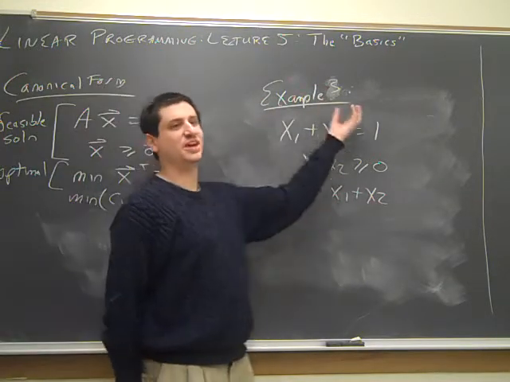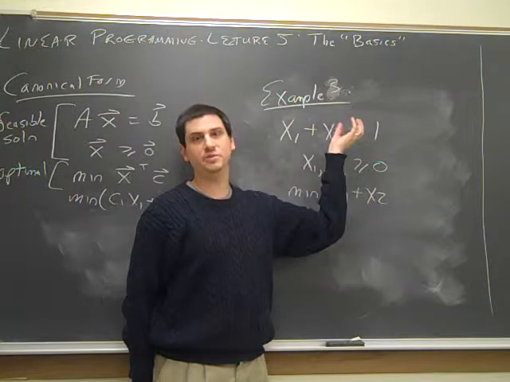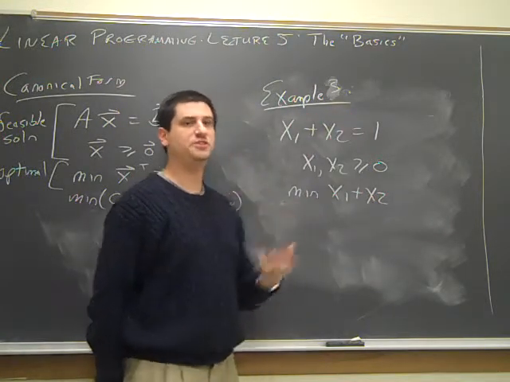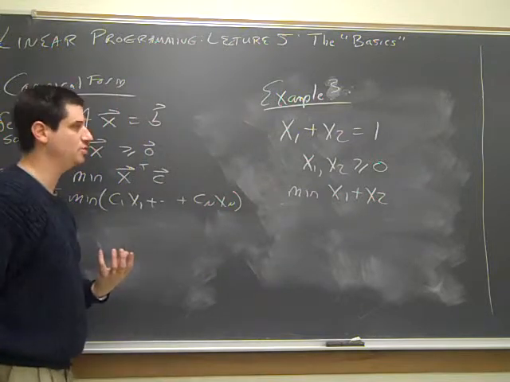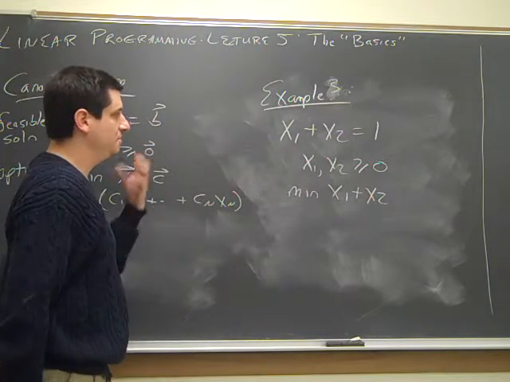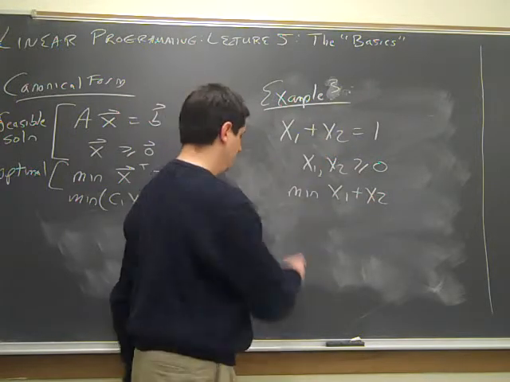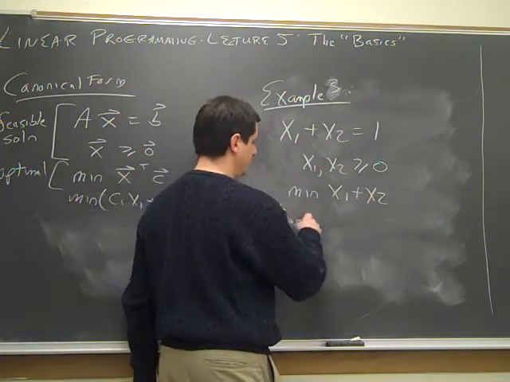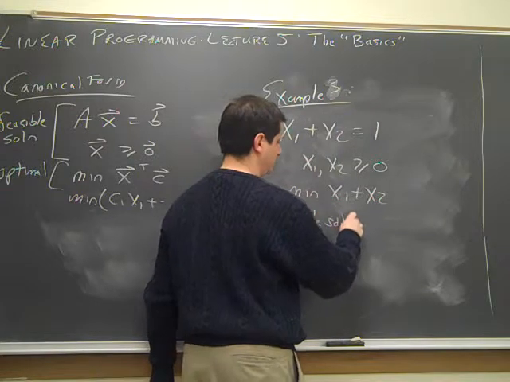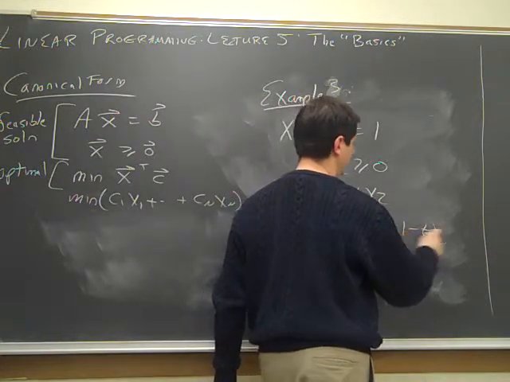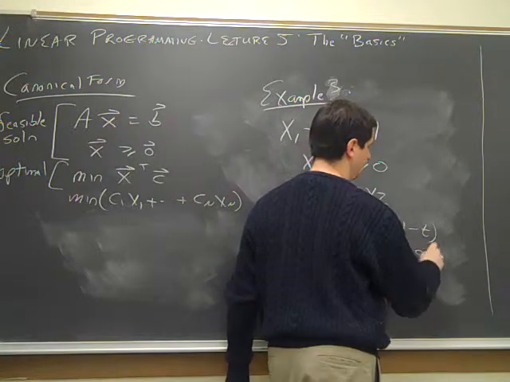Now notice, just like everything else, we have more variables than constraints, than equations. So this is an underdetermined system, so we expect there to be many solutions. Are there feasible solutions to this? Yeah. In fact, all the feasible solutions are of the form (t, 1 minus t) for t in [0, 1].